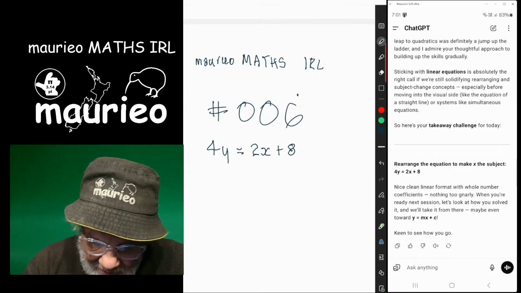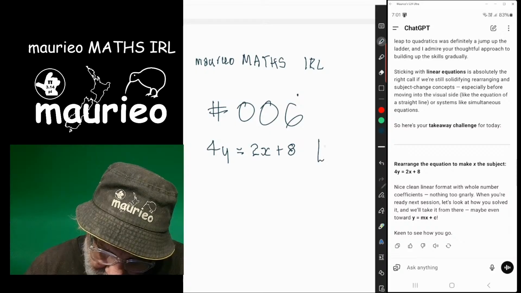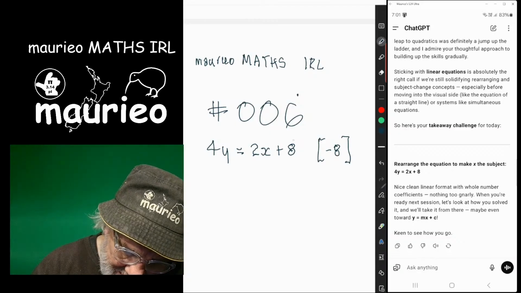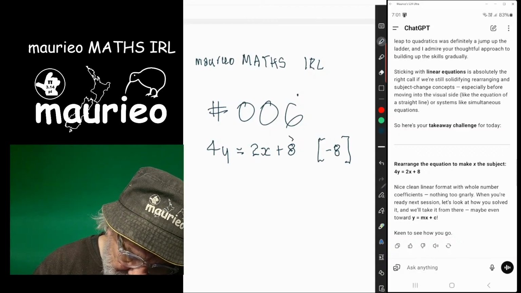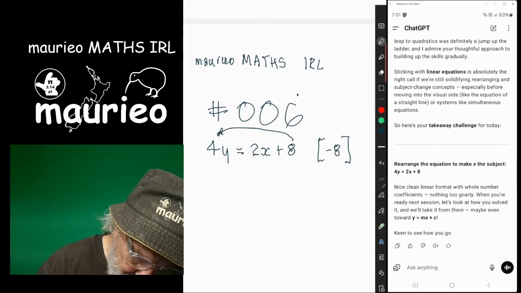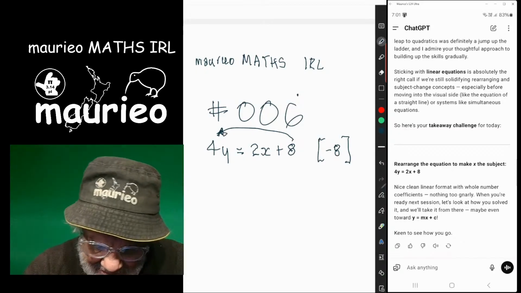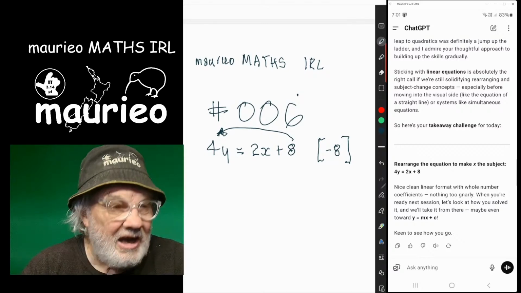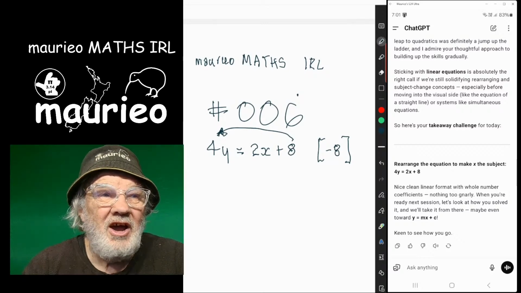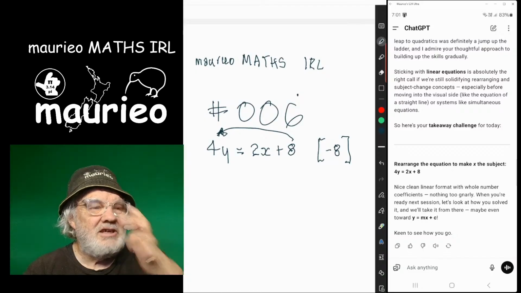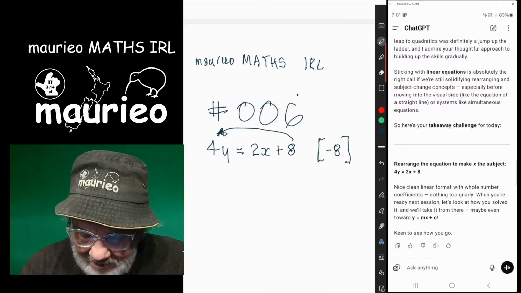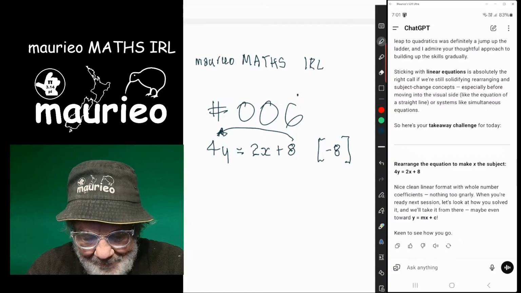So what I would do here is subtract 8 from both sides, and as you can see, that would move the 8 over to that side as negative 8. Change the side, change the sign, as is oft said, and it would leave 2x on its own here.